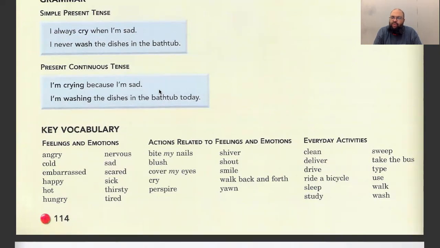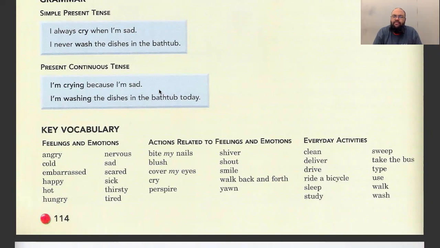Actions related to feelings and emotions. Bite my nails, blush, cover my eyes, cry, perspire, shiver, shout, smile, walk back and forth, yawn, and everyday activities.